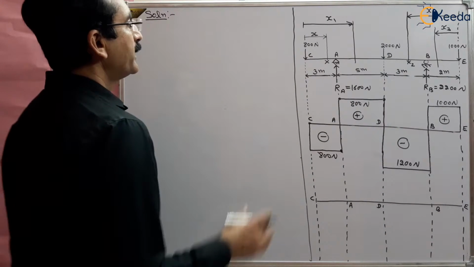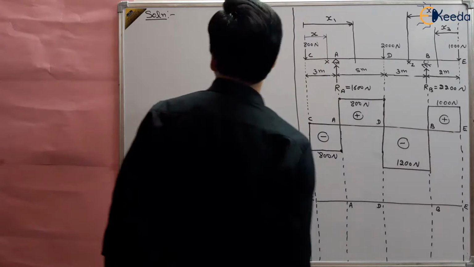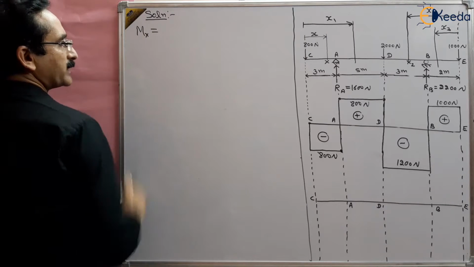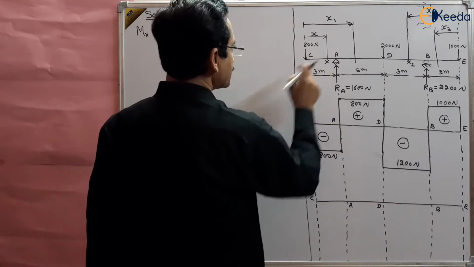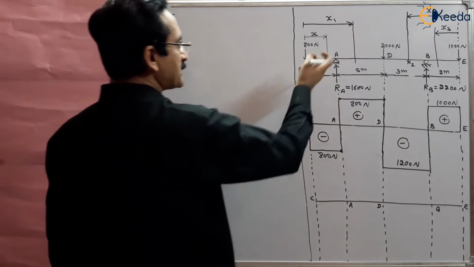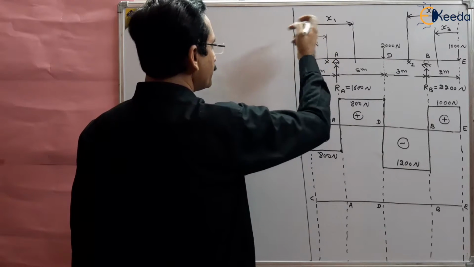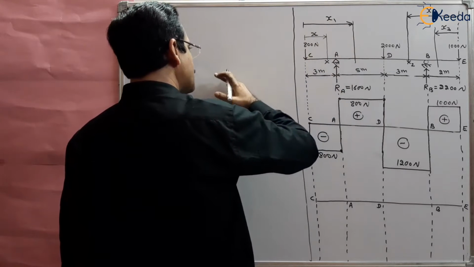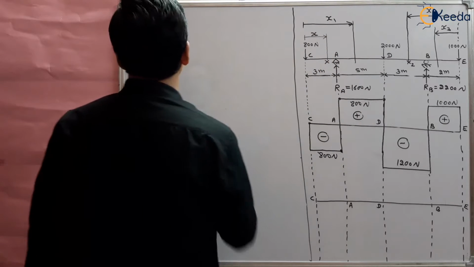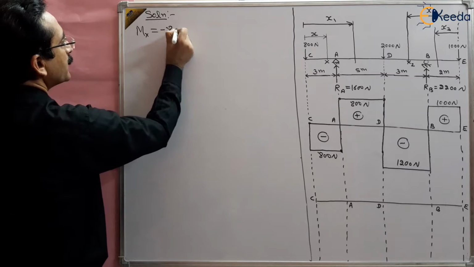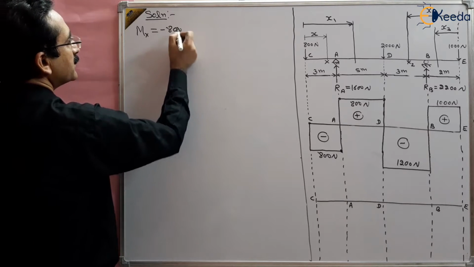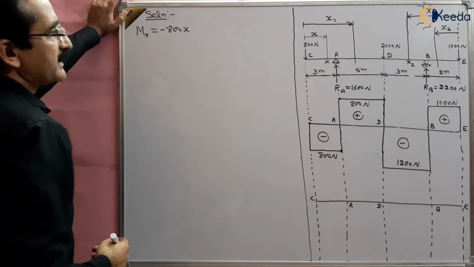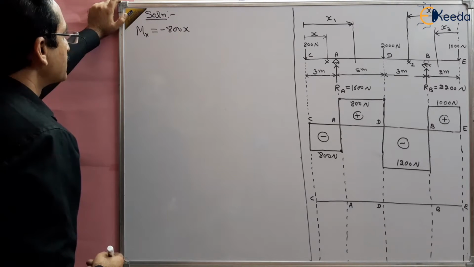Now we have already taken the section between C and A. Between C and A we have already taken the section mx. What is the bending moment at mx? The moment of 800 about x. So 800x. And will it be positive or negative? It will be negative because it is anti-clockwise, towards leftward, which is negative, right? According to sign convention, this is negative 800x, and it is a linear variation.